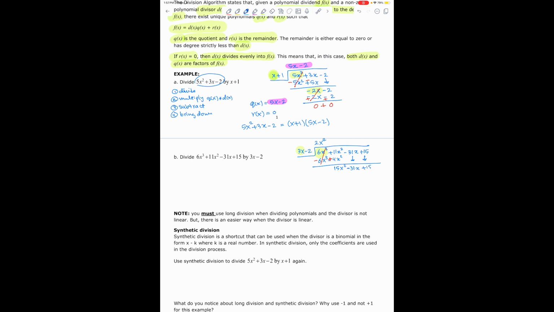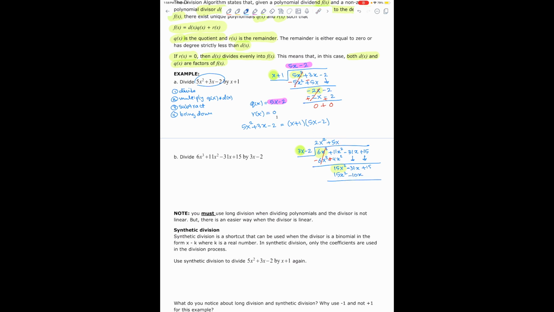Now we divide one more time. 15x squared divided by 3x is equal to 5x. And then we multiply. 5x times 3x is equal to 15x squared. 5x times negative 2 is negative 10x.